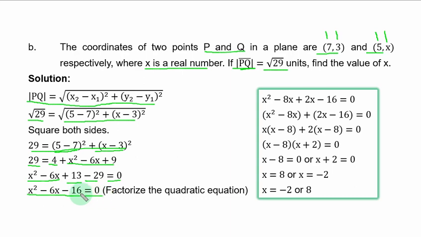To factorize, look for two factors of 16 whose sum is minus 6 and product is minus 16. Such factors must be minus 8 and plus 2.